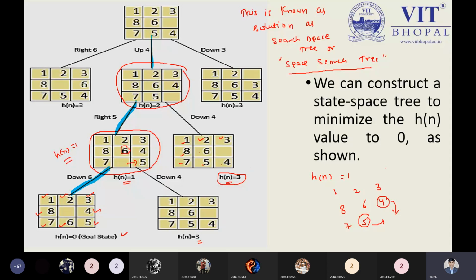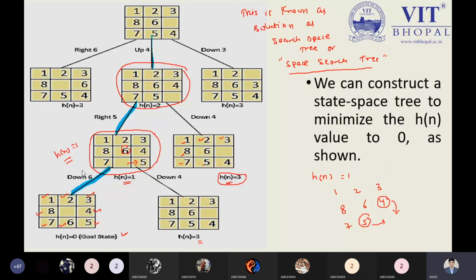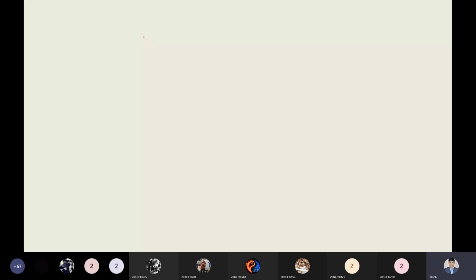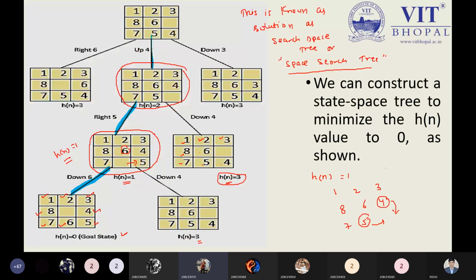Okay, I'm just drawing, and tell me right now, because without drawing this point, the thing will not be clear. Okay, so tell me, 1, 2, 3, and 7 and 8. Okay, tell me what position. So hn equal to 1, sir, the one you have circled.